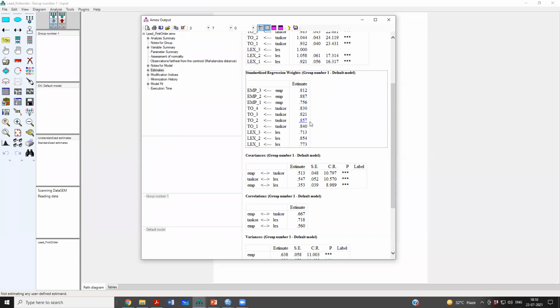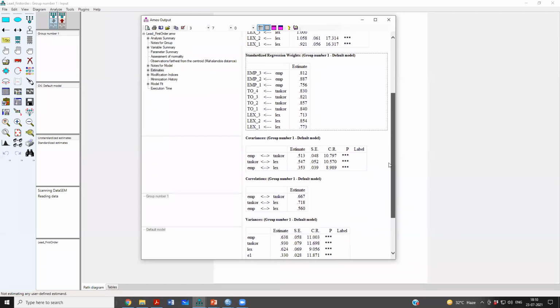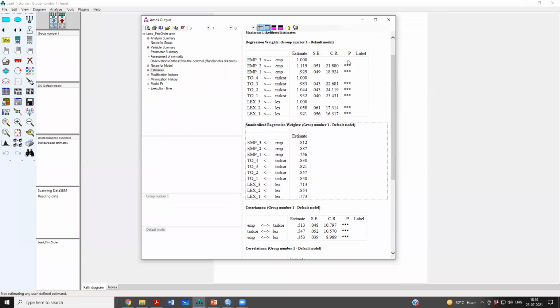So we'll take all the items here. Yes, all the items are very good actually. And they are highly significant as well. They are all significant at p less than 0.001. So we can check it at 0.001, 0.01, 0.05? You can go up to 0.05. Okay. Thank you, sir.